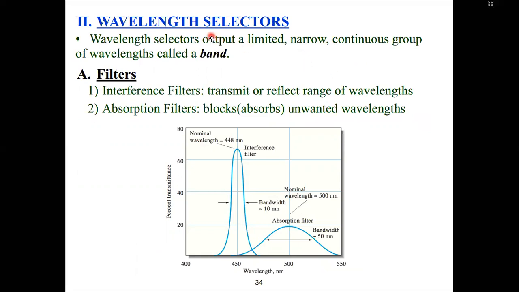Basically, the purpose of the wavelength selector is this: you might have electromagnetic radiation or energy of a very large range, for example, 10 nanometer to 5,000 nanometer of wavelengths. However, you only need the wavelength from 200 to 400. You don't need all the wavelengths, right? So what you do is select those certain wavelengths using the wavelength selector, and pass them into the sample for the interaction. That is the purpose of the wavelength selector.